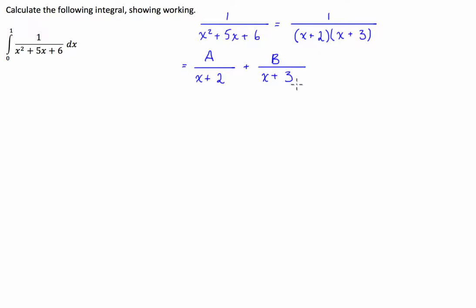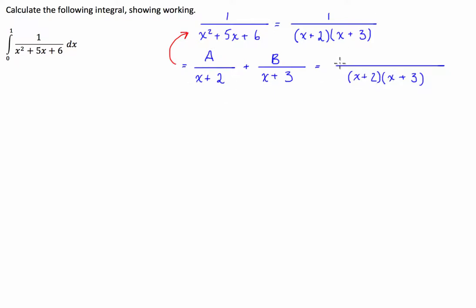So what I'm going to do is recombine the fractions and then try and bring this equation back to looking like this so I can equate the two numerators. If I put them back together with x plus 2 and x plus 3 in the denominator, to get this fraction to look like this, I have to multiply top and bottom by x plus 3.